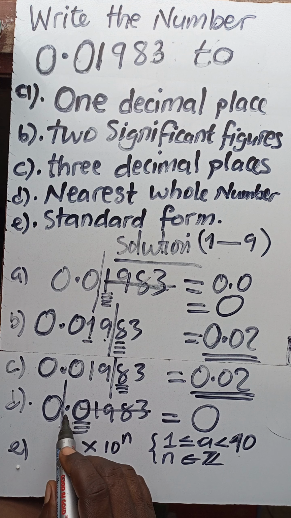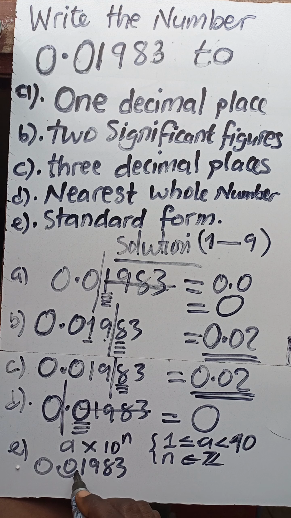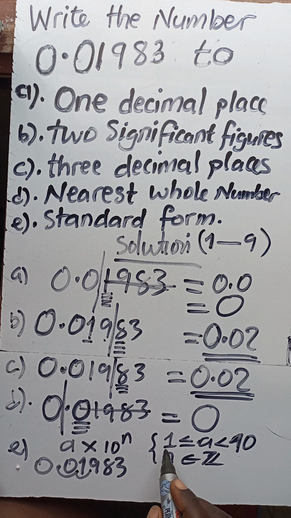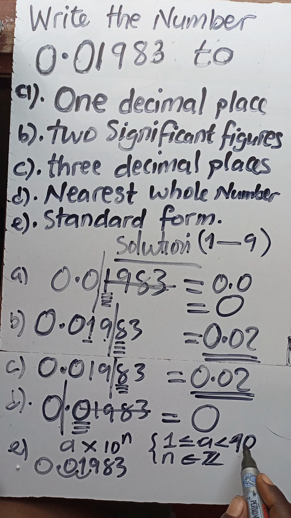You can see it's not up to 1, but A is 1 and above. So we have to move it again to the next point. So that here, if the decimal point is here, we'll have 1.9. 1.9 is more than 1 and is less than 10.